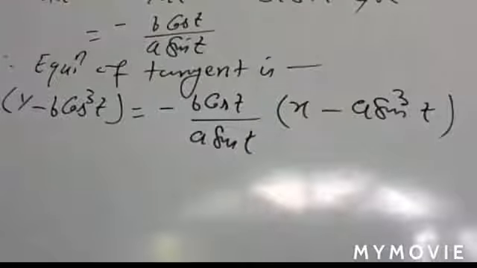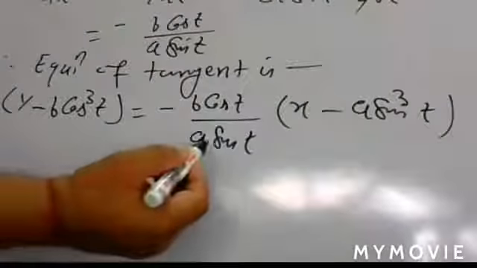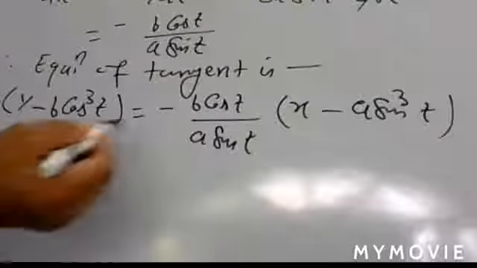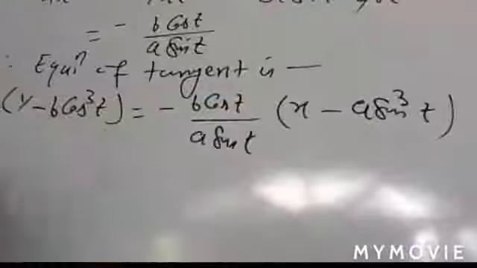Now you have to cross multiply, meaning a sin t is multiplied to the left side and minus b cos t to the right side.